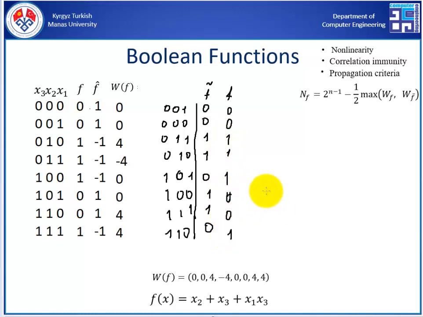To see if half of the bits changed, let's XOR these bits. We have 0, 0, 0, 0, 1, 1, 1, 1. From the resulting XOR, we can see that exactly half of the bits changed, which is clear from these 4 ones. So with the flip of the last bit, exactly half of the output bits change.